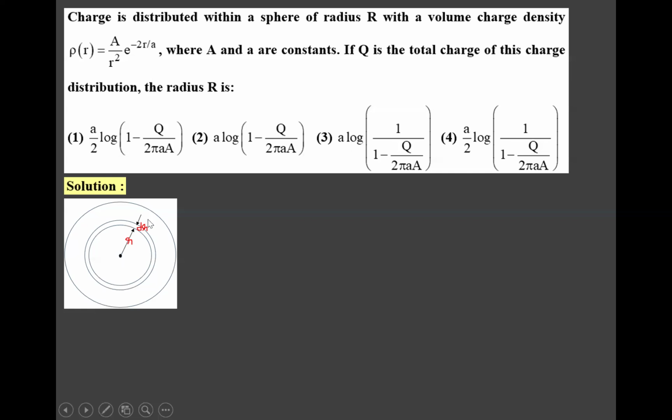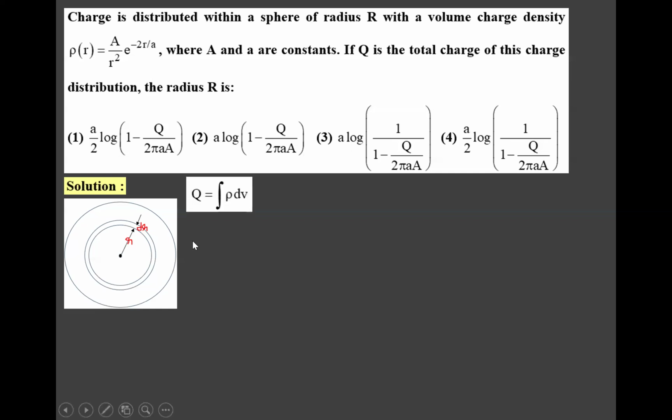So in this type of cases, first we think about the charge on this particular spherical shell of radius small r, and then we take integration of that from small r equal to 0, the center, to small r equal to capital R, up to the surface. So with this concept we can solve this one.